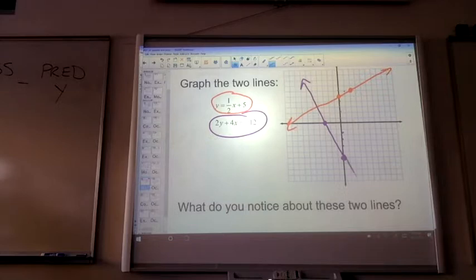Does it appear these lines cross? Yes. Does it appear they could be perpendicular? Yeah. I know that my red has a slope of 1/2. My purple, I'm going to go ahead and solve it. So I'm going to get 2y equals -4x minus 12. Divide everything by 2.